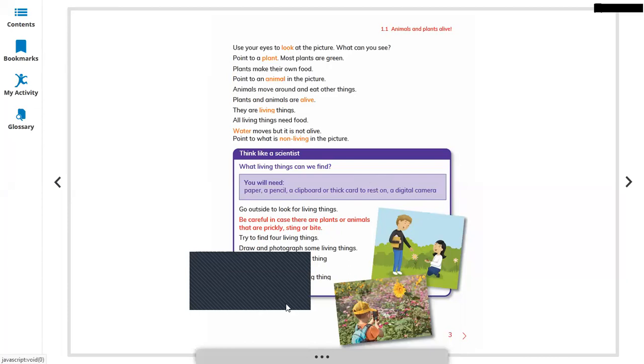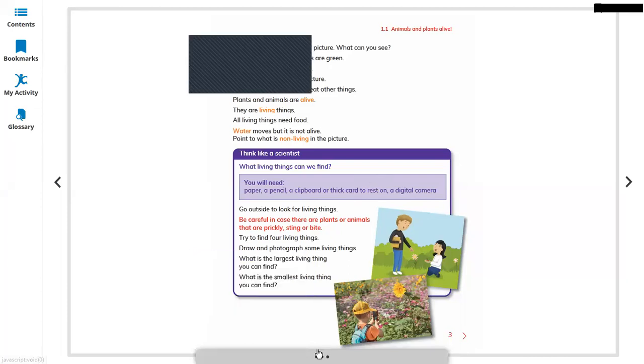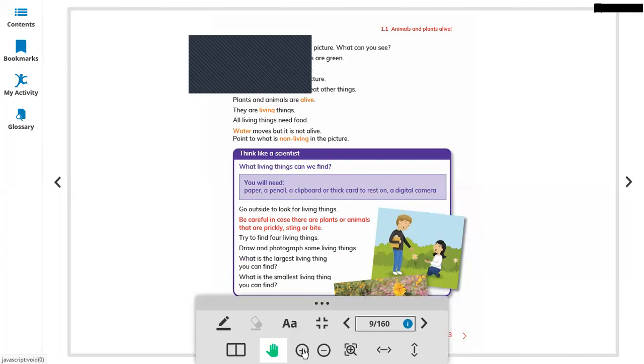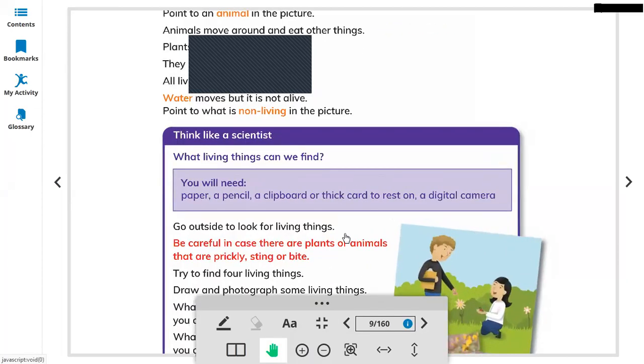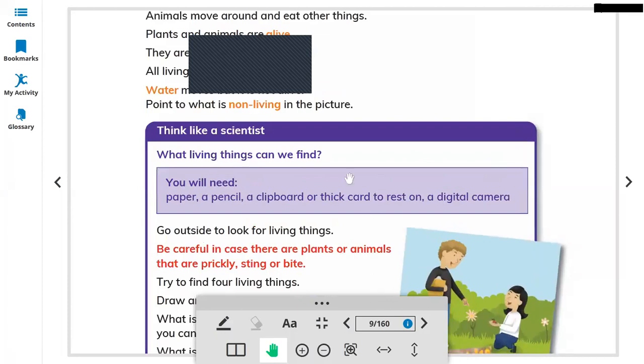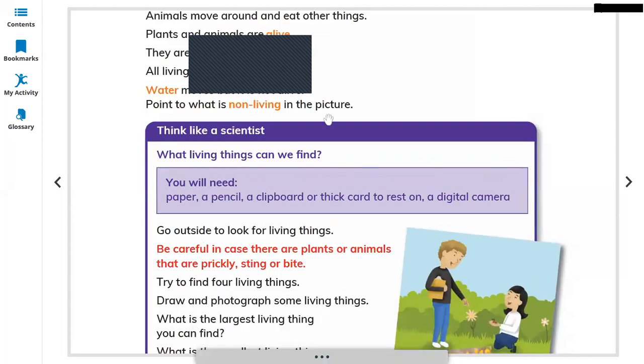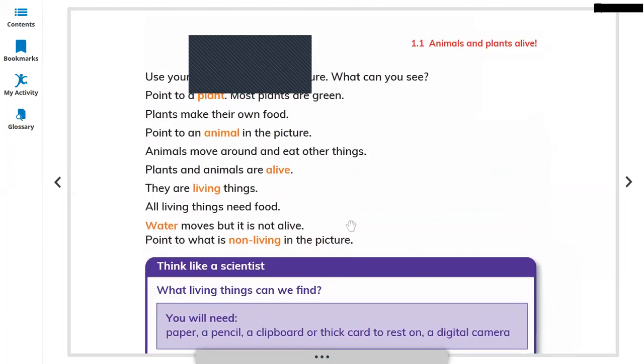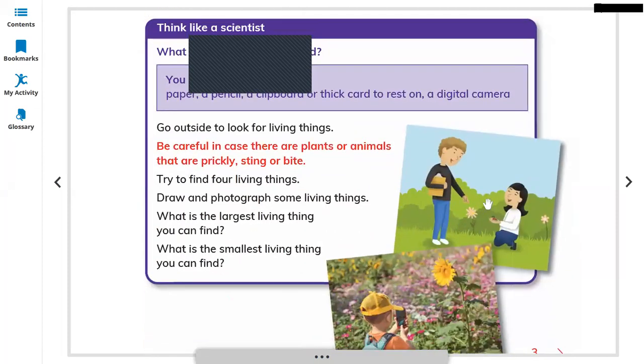Wait, let me zoom the picture so that you can see it carefully. Here, plants make their own food. You know that plants have green leaves and they make their own food.